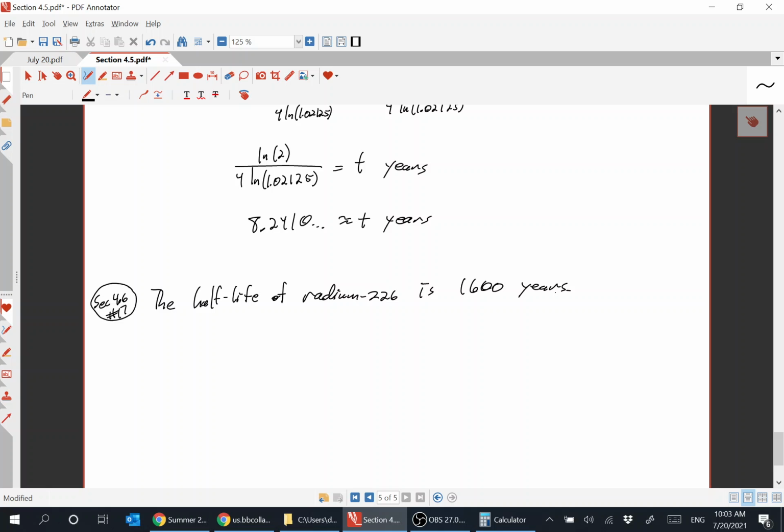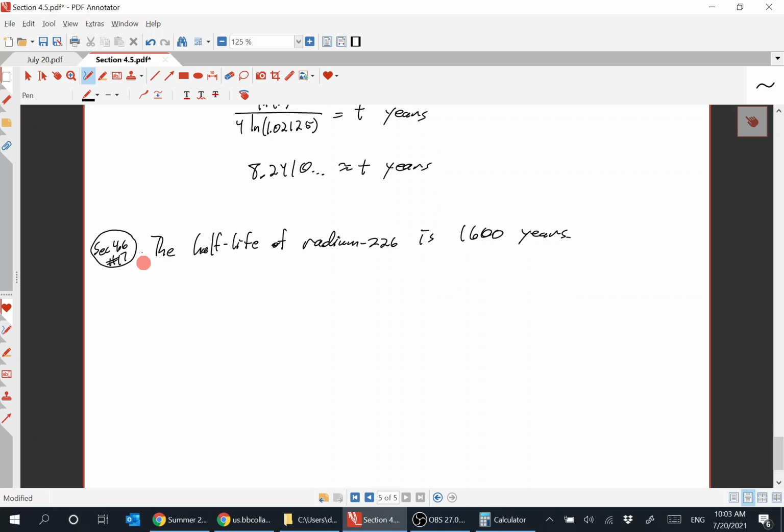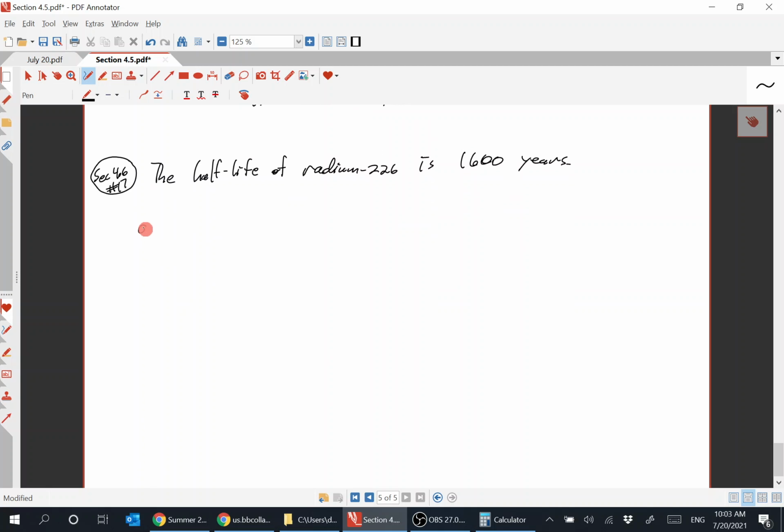All right, so radium-226 has this half-life. How much of the sample remains? This is parts C and D. Let me tell you the half-life formula.